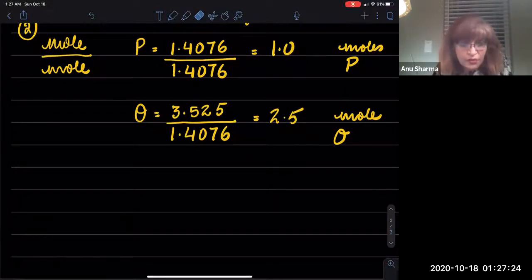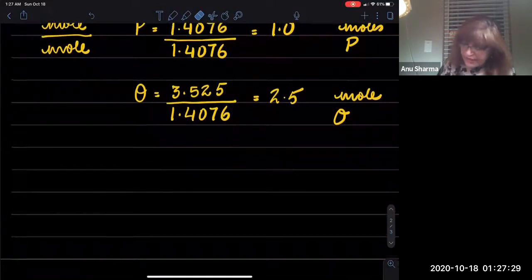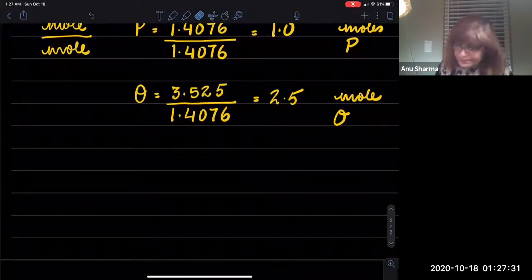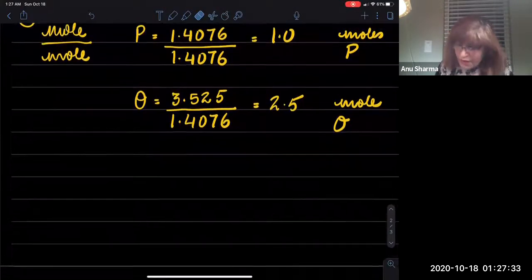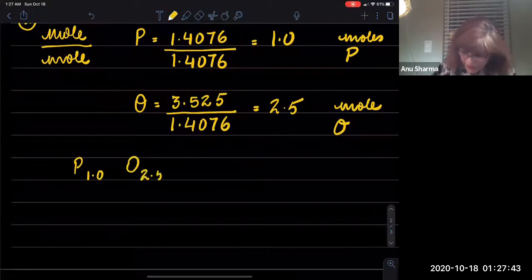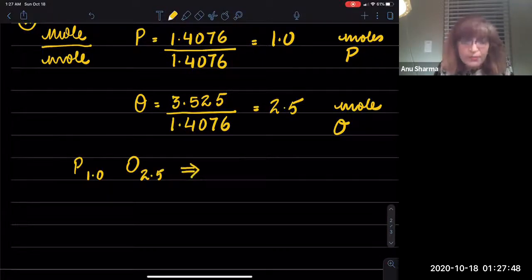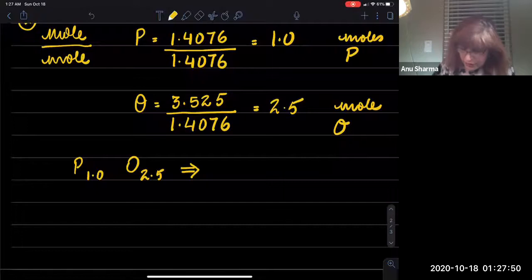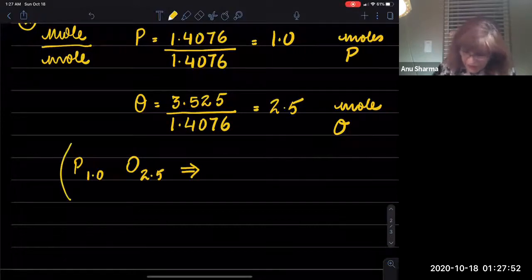So phosphorus is 1.0 and oxygen is 2.5, and we need to change it to whole numbers. The only way that's going to happen is if you take this whole thing and multiply by 2.